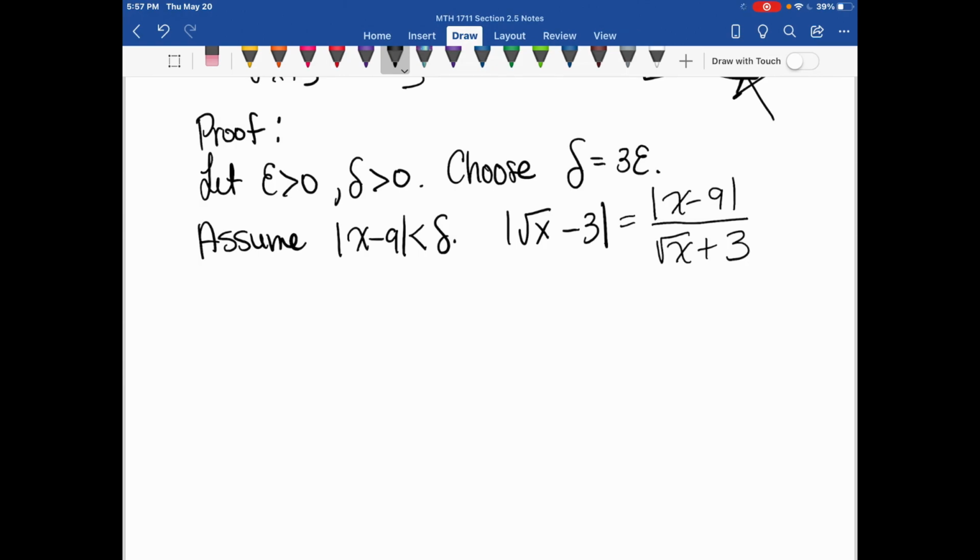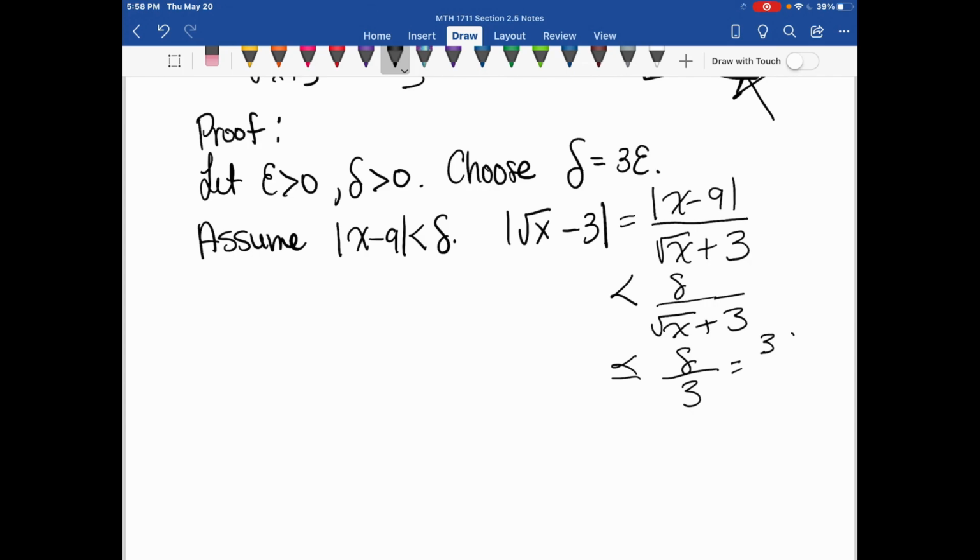We know, because we made the assumption that the absolute value of x minus 9 is less than delta, that we can say this is less than delta over the square root of x plus 3. We also know that the fraction delta over 3 is going to be greater than or equal to delta over the square root of x plus 3.